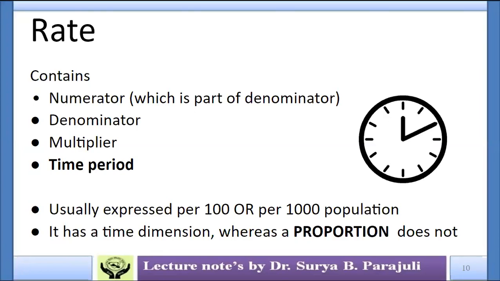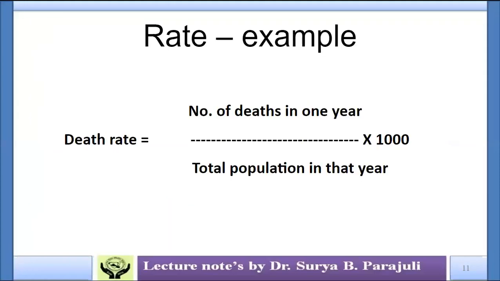And this is one of the common questions asked in your viva or in MCQs. So how to calculate rate? Let us have one example. Death rate means the number of deaths in 1 year, and 1 year means the time frame, divided by the total population in that year, actually the mid-year population, times 1000. So we can calculate the death rate in a certain population.